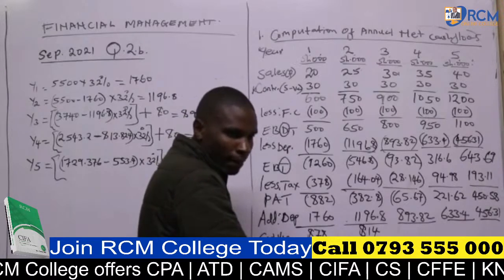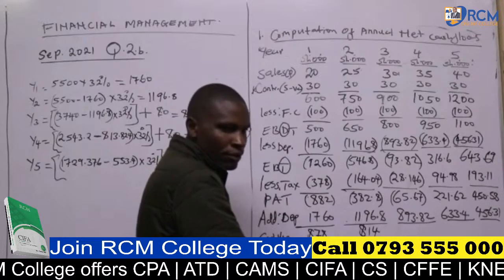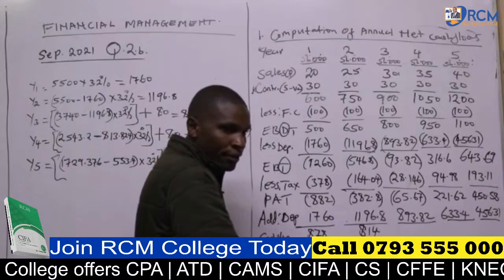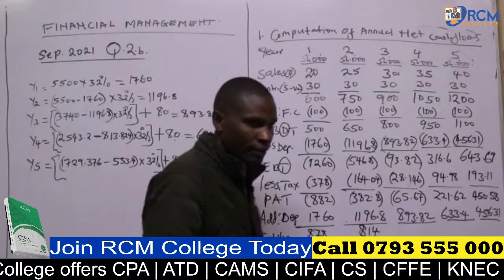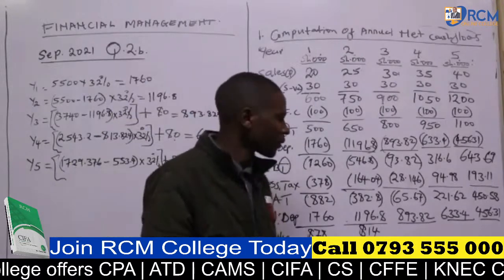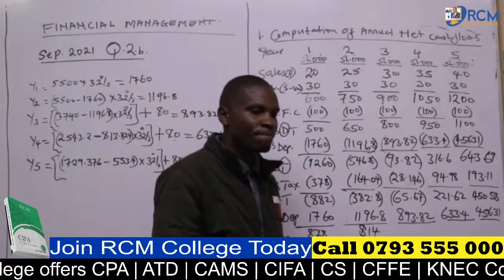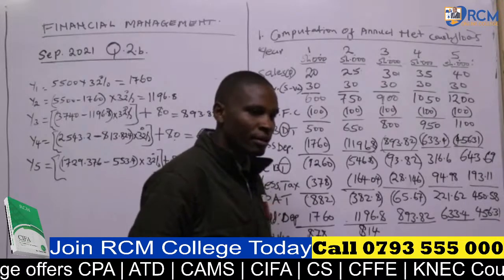Next one ni ngapi? Hiyo ingine itakuwa ngapi? Haya. We are really trying. Hiyo ingine ni minus 65.67, year 5.